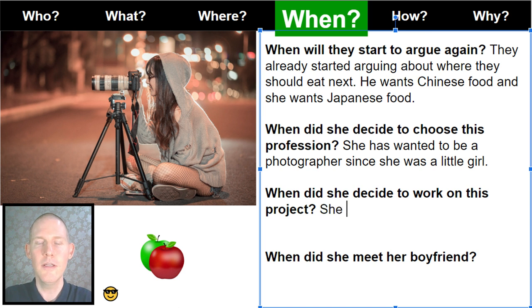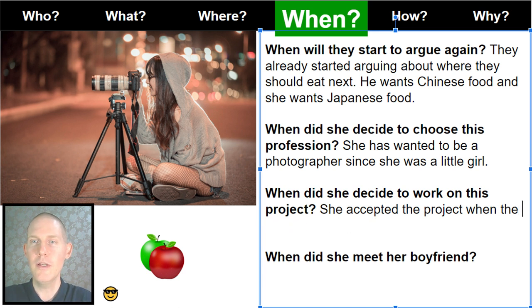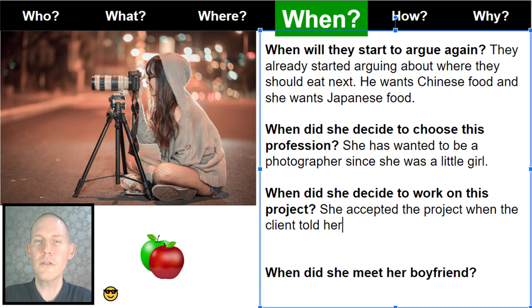She accepted the project when the client told her he would pay her $5,000. Yes.